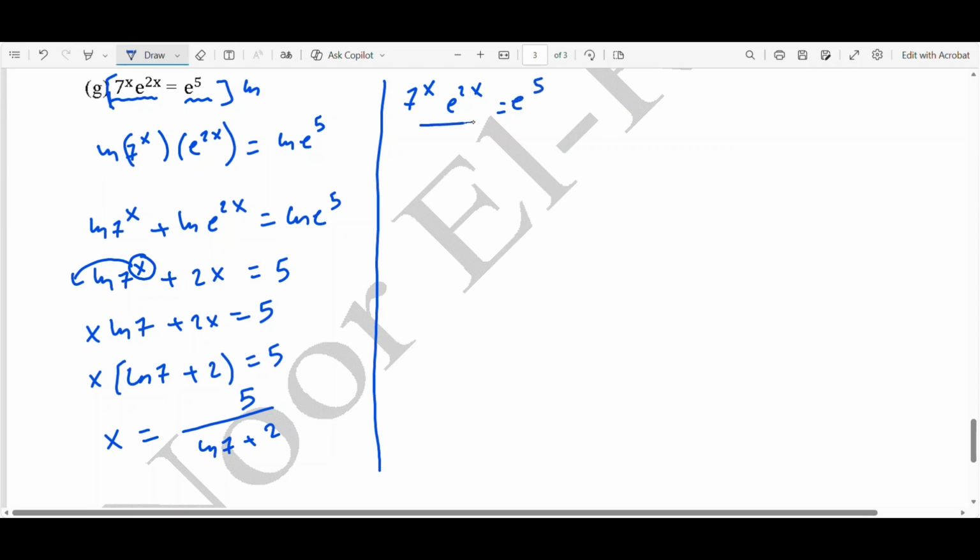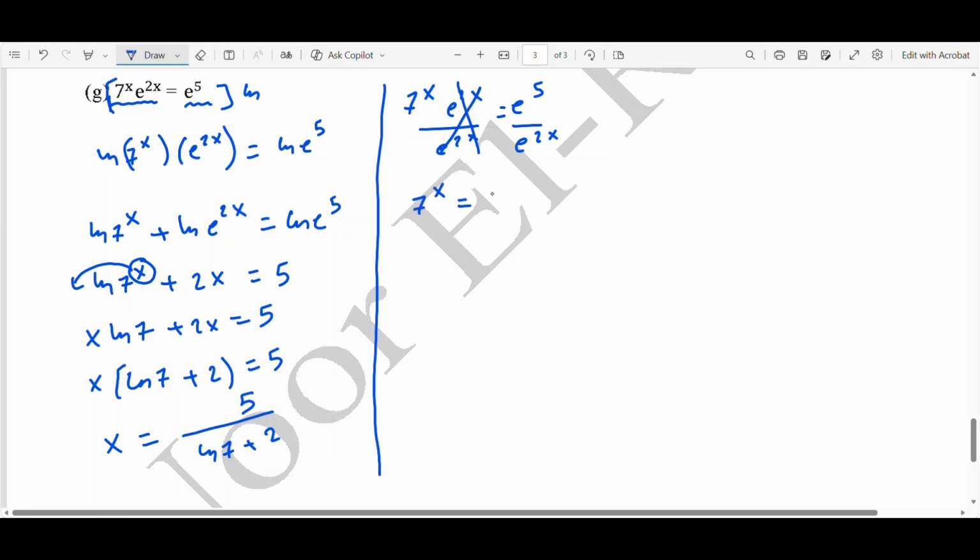He divided by e^(2x): 7^x = e^5/e^(2x). In the division case, with similar bases, I'm going to subtract powers: 7^x = e^(5 - 2x).